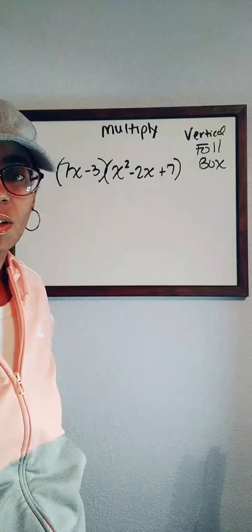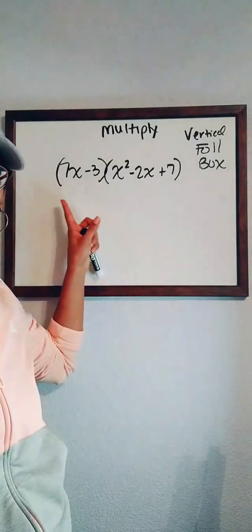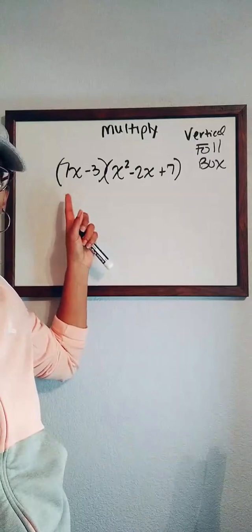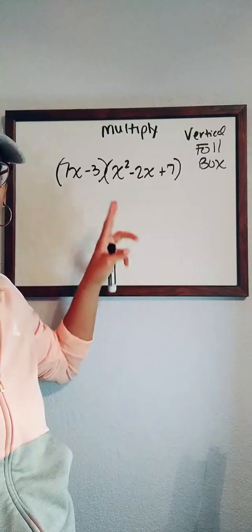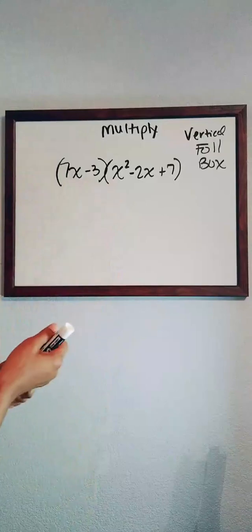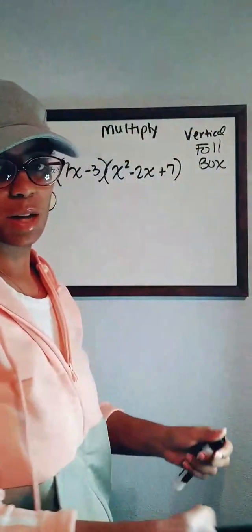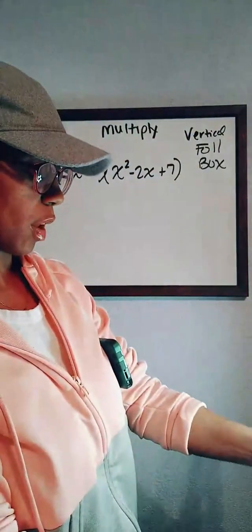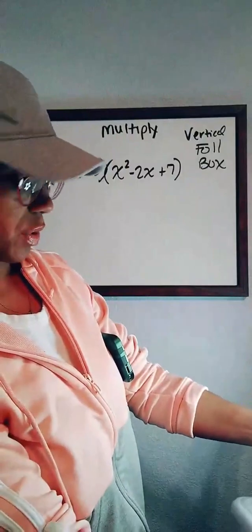That's cool. So remember with this one, since it's a 3-term times a 2-term, it'll be more like the distributive property where, like I said, you're going to have to break it up. You take this first and multiply it times everything, and then you take the second and multiply it times everything. That's the only difference with this one.